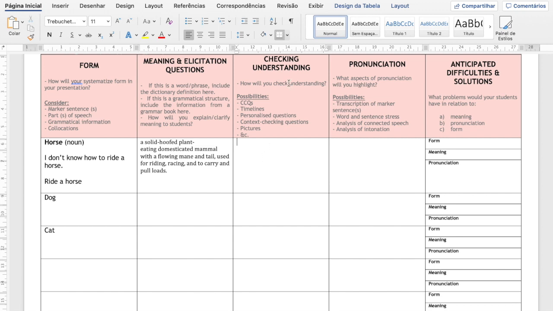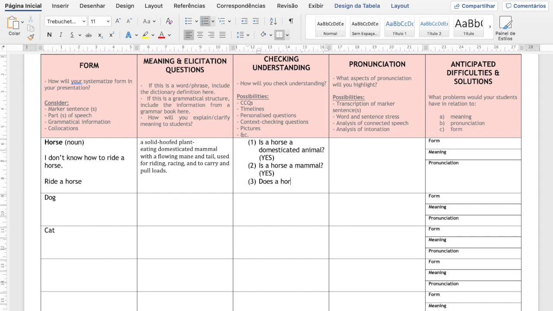Then we have to think about how we will check understanding. It's a good idea to write a few CCQs here, and it's always important to write at least 3 CCQs. So here, if we have a look at the definition, it says it's a solid hoofed plant-eating domesticated mammal. We can say, is a horse a domesticated animal? That's a CCQ. Is a horse a mammal? That's another CCQ.